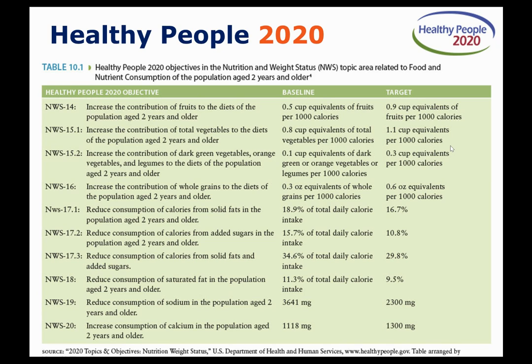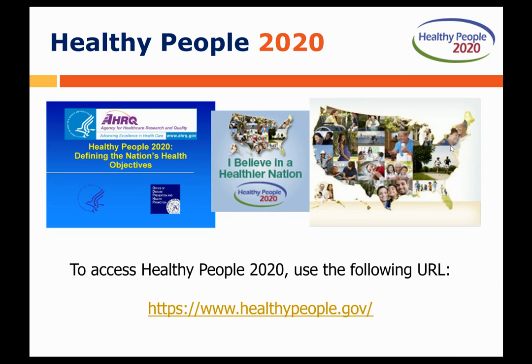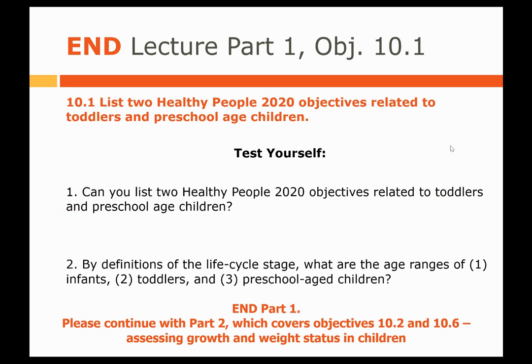So review this table. You can also review additional objectives that are on the website and just be familiar and be able to identify at least 2 objectives set by Healthy People 2020 for toddler and preschool age children.